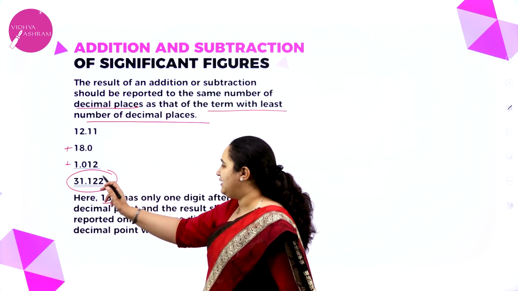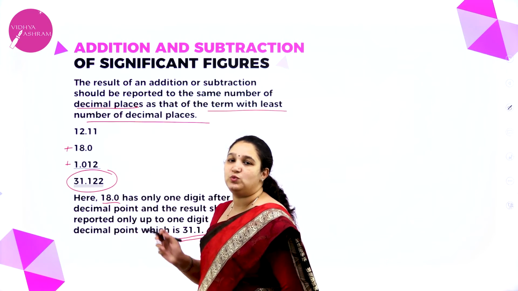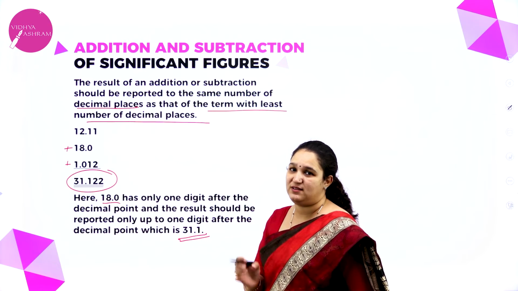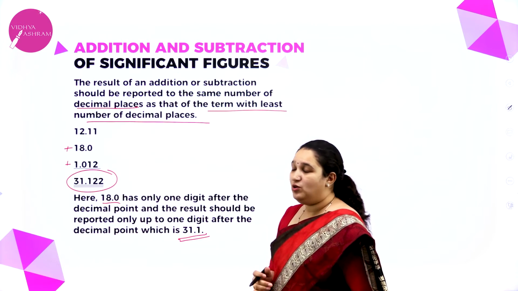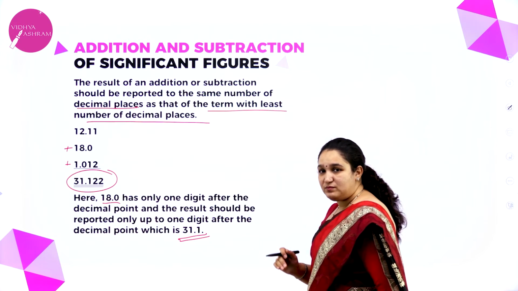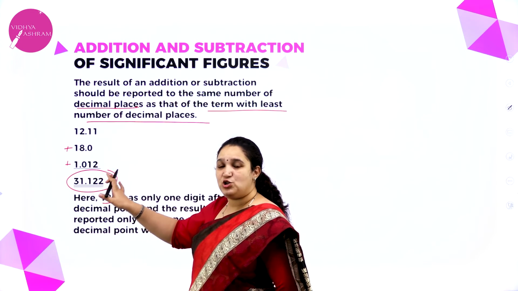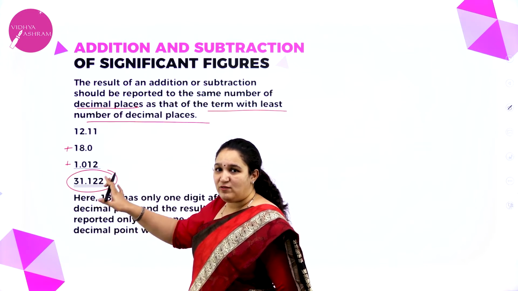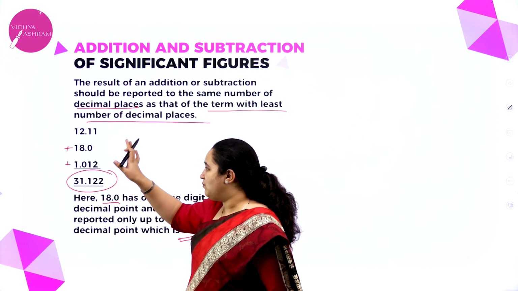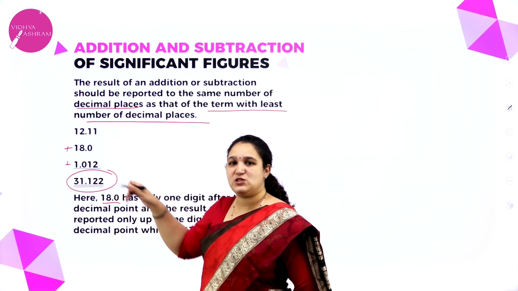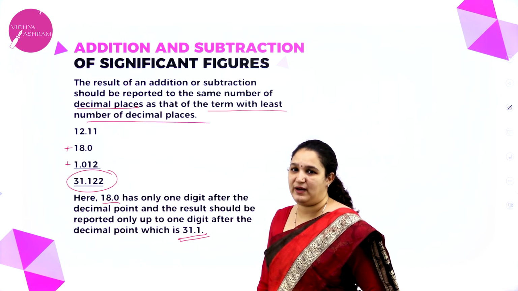I need not write 31.122. So, when we are adding, the number of decimal places in my result should be equal to the least number of decimal places among the numbers which you have added or subtracted.